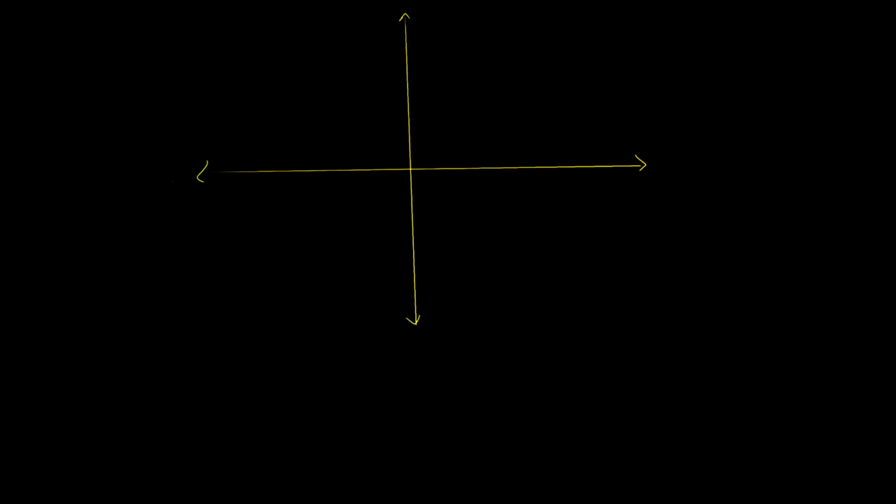When I cut space with an x-axis, it gives me a positive x and a negative x half. If I cut it again with a y-axis, I get a positive y and a negative y half. Positive x is over here, negative x is over here, positive y is up, negative y is down.